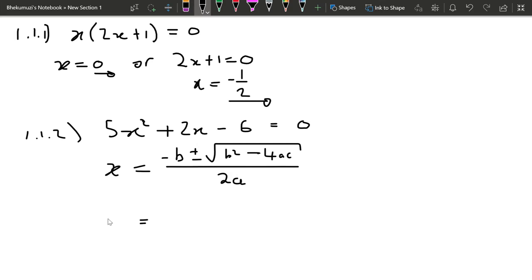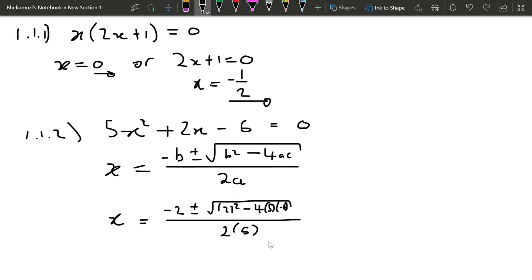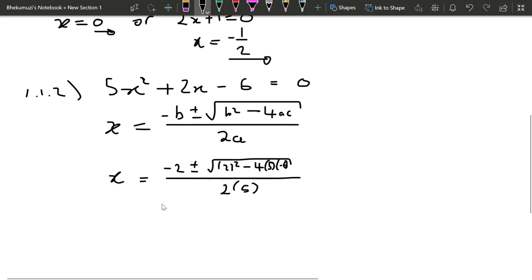And then the only thing we need to do is minus b. B in this case is 2, so it's minus 2 plus or minus the square root of 2 to the power 2, right? Minus 4 times 5 times negative 6, right? And then we all divide by 2 times 5, and then we'd get our solution there. Okay, so from there, then you're supposed to get the first solution.